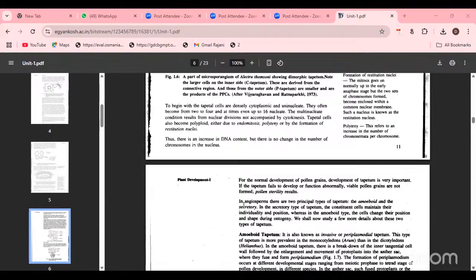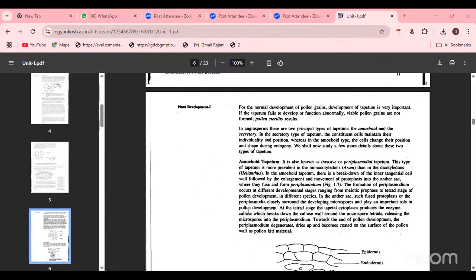For the normal development of pollen grains, the development of the tapetum is very important. If the tapetum fails to develop functionally, abnormal, non-viable pollen grains are formed. Pollen sterility results.